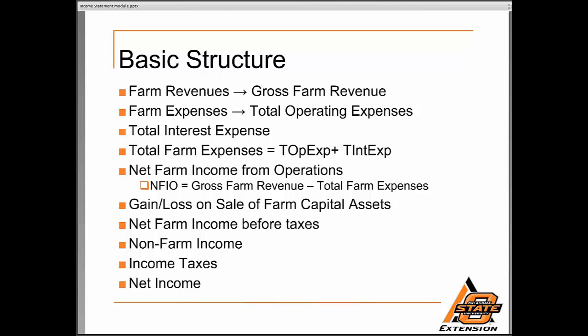After including income taxes, the accrual adjusted income statement arrives at a final net income figure. Following slides will go into more detail about each component of the income statement. Remember that OSU Fact Sheet Ag Ec 753 includes more details.